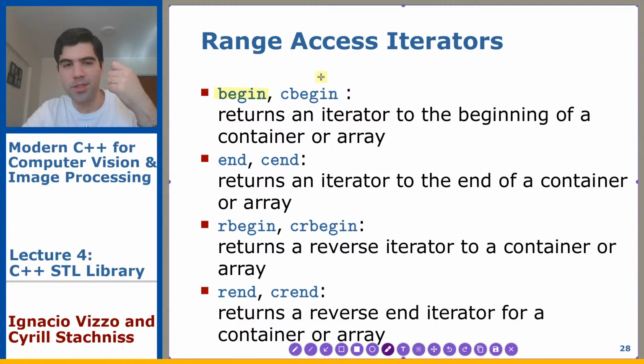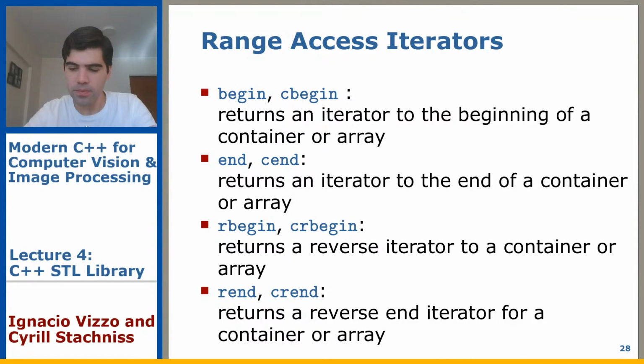Of course, the intention is expressed in the name of the function. Then there's also cbegin, which is a constant iterator to the beginning of the container, so you can access the container but you cannot change its value. You can also access end and cend, and then the r stands for reverse begin, and crbegin stands for constant reverse begin, and so on, right?